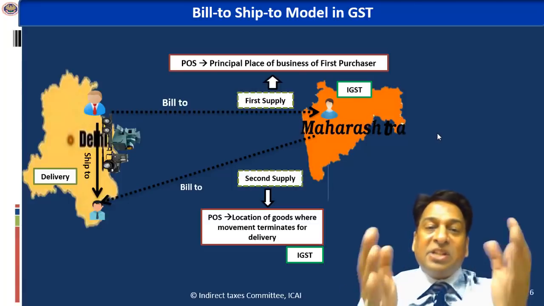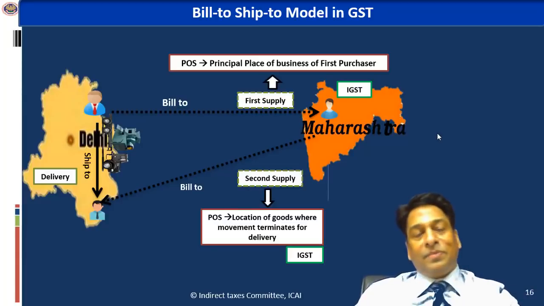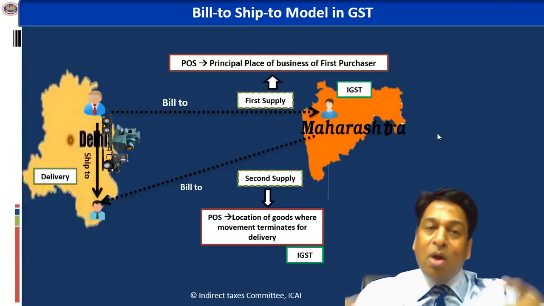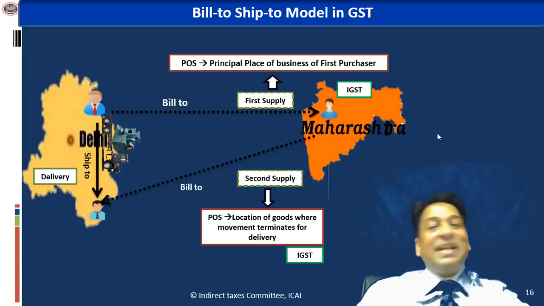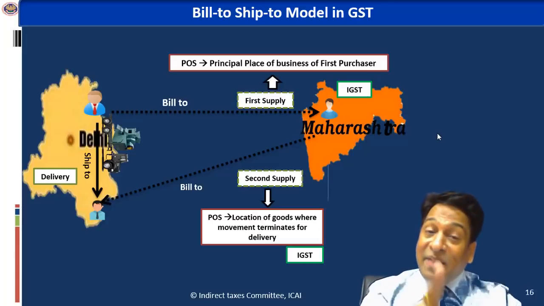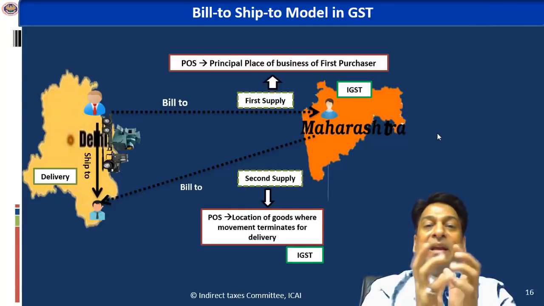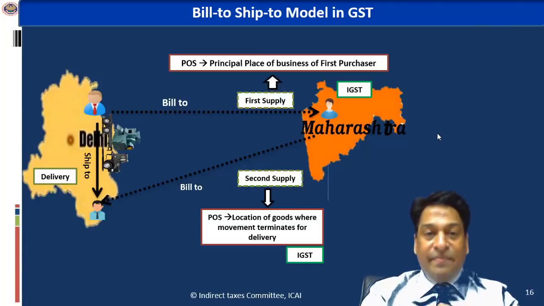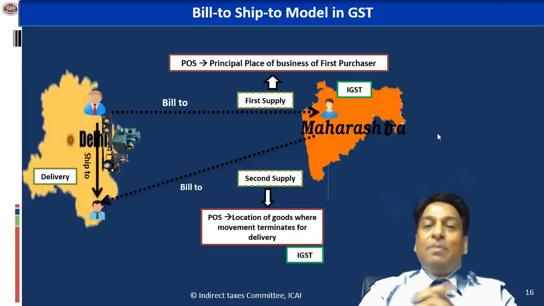Now in this case you have to determine whether the A to B transaction would be intra or inter, then whether B to C is intra or inter, and then I will connect with the e-way bill so that you can completely analyze this provision for chargeability and the generation of the e-way bill.